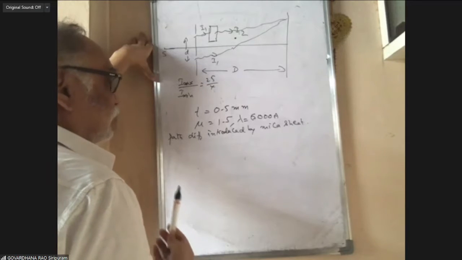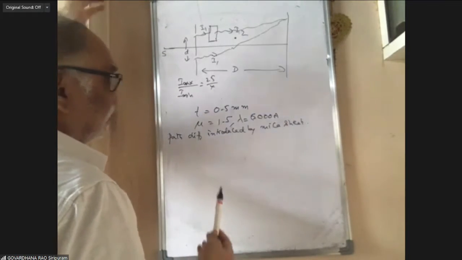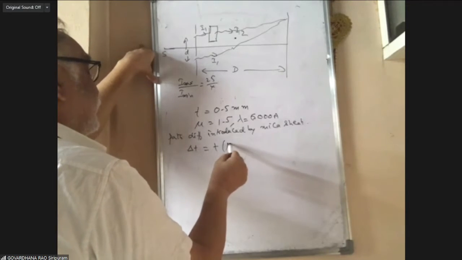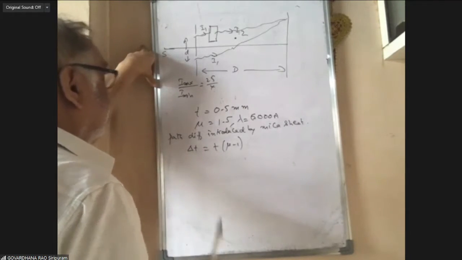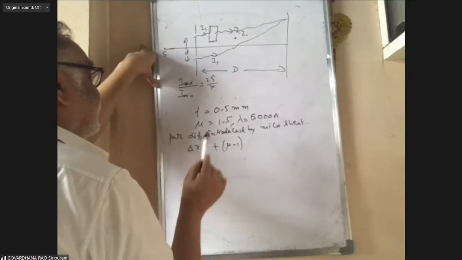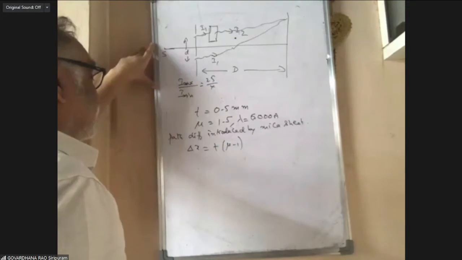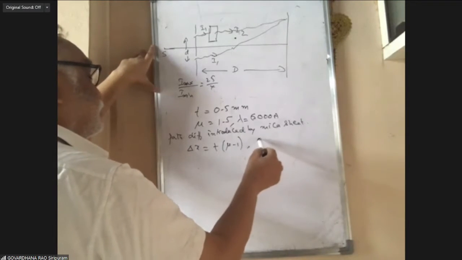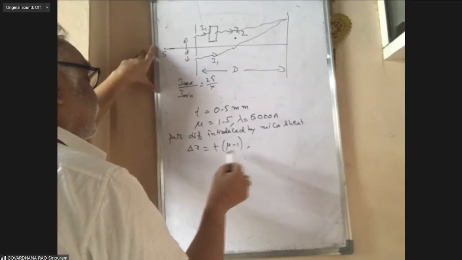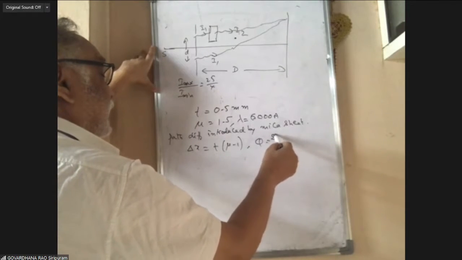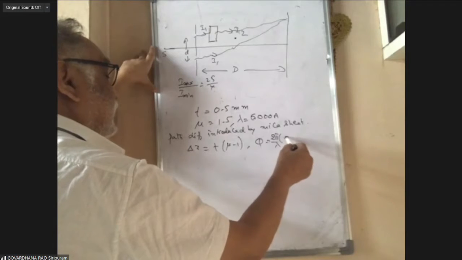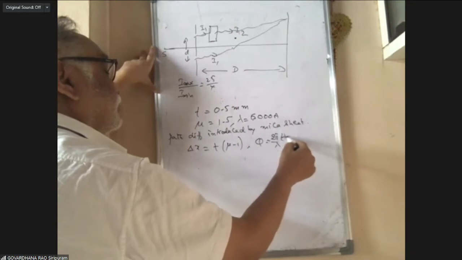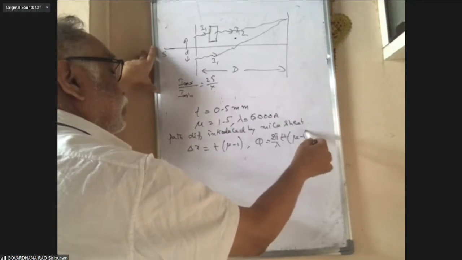Delta x equal to t into mu minus 1. Correct? Yes, it is the path difference. So the phase difference is 2 pi by lambda into delta x, where delta x is t into mu minus 1.